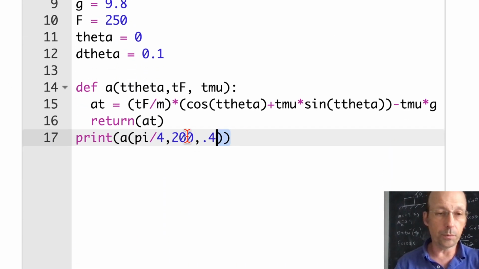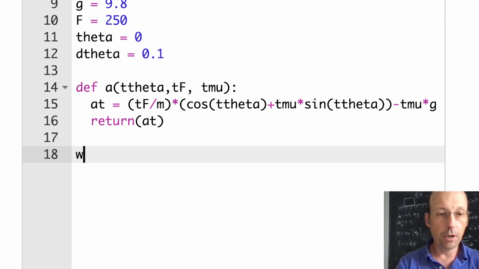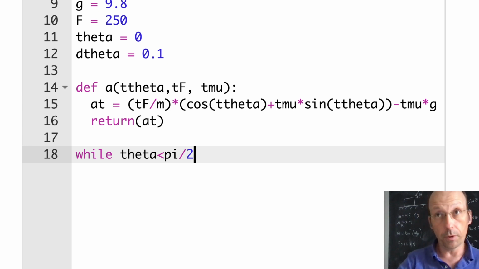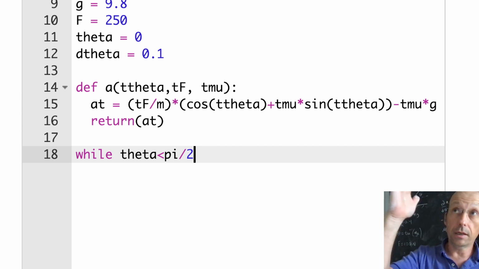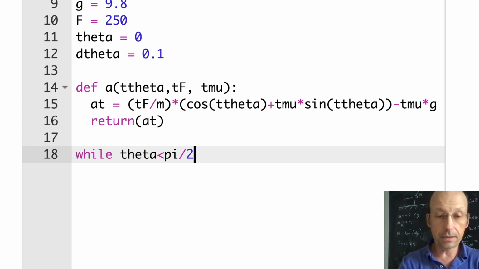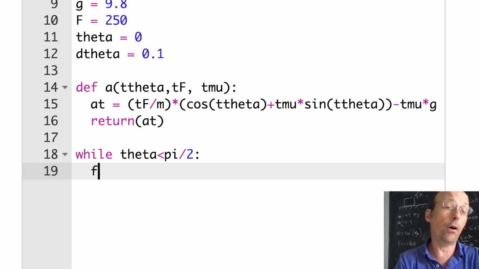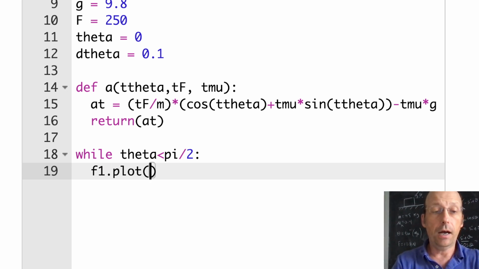Now, we don't need that. I'm going to make a loop while theta is less than pi over 2, right? So I want to go from 0 to 90 degrees. I want to plot theta versus acceleration. So I can do that all in one step. F1 dot plot the angle theta and the force A of, now I'm looking right here, what order do I need to put that in?